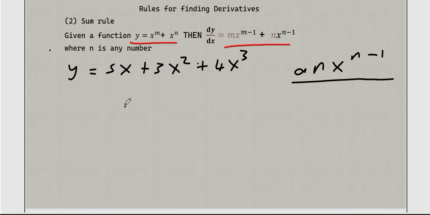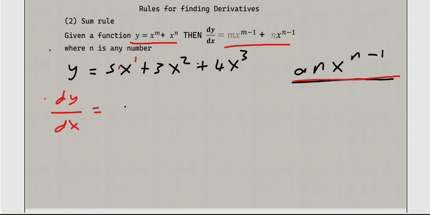So now dy by dx will be given by, remember we are still using our general formula here. What is our n on the first portion? So what is our n on this portion here? Our n is actually 1. So anytime you see x being alone, just know that your n is actually 1.